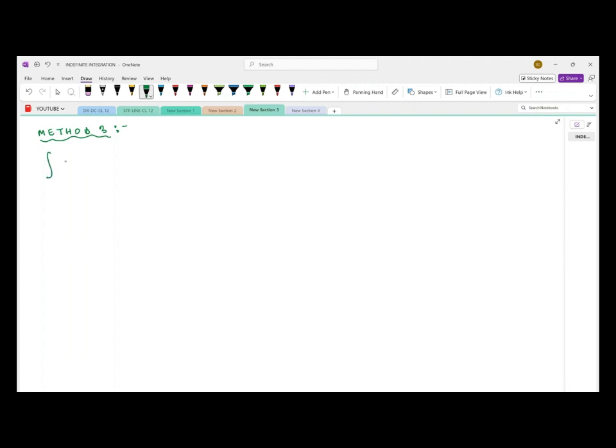It is integration tan inverse root over (1 minus sin x) by (1 plus sin x) dx.